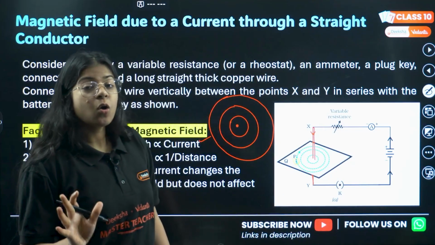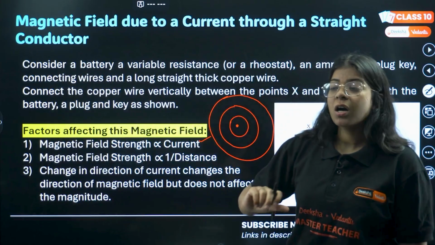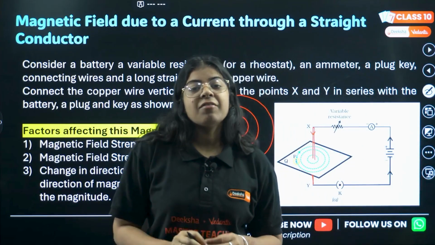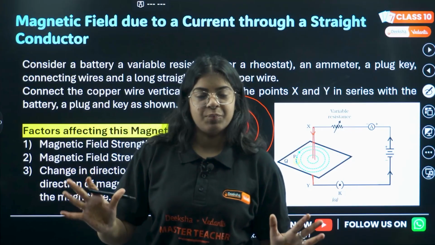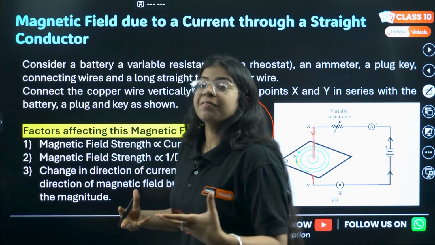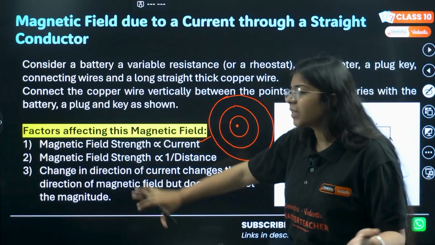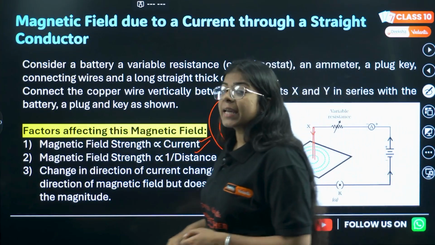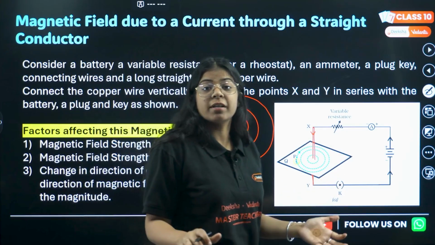But now we saw that if we reverse the direction or change the distance, we can have an effect on these magnetic field lines with our current. So what are the factors here that we can change to see the magnetic field strength change? First is current. Now if I increase the current, will the strength of the magnetic field increase or decrease?